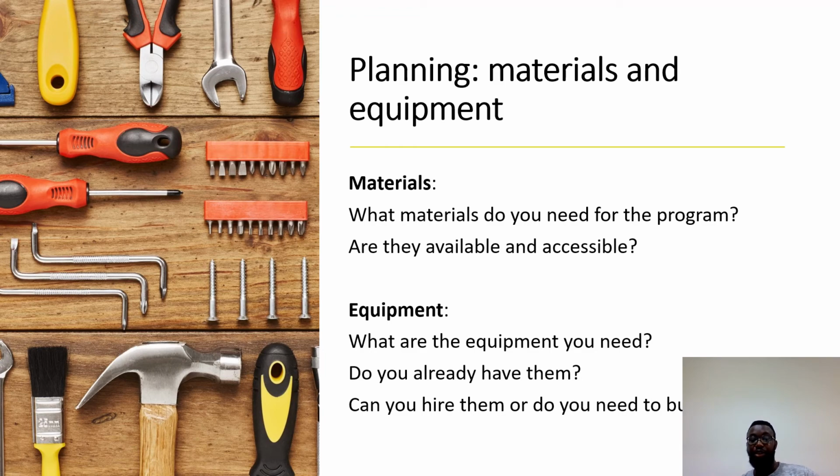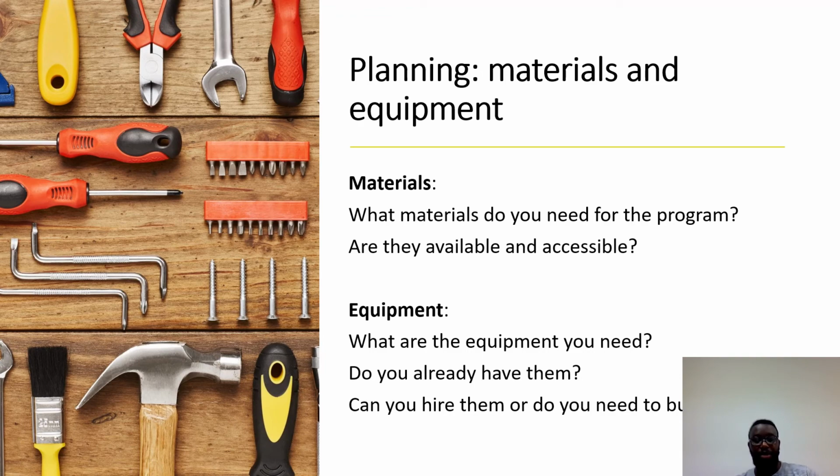You do the same thing for the equipment as well. For the equipment, you need to ask yourself, what are the equipment that you need for this program? And now this will be determined by the nature of the program. Okay, and then do you already have this equipment?